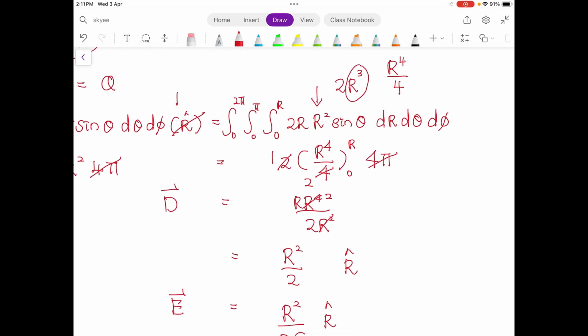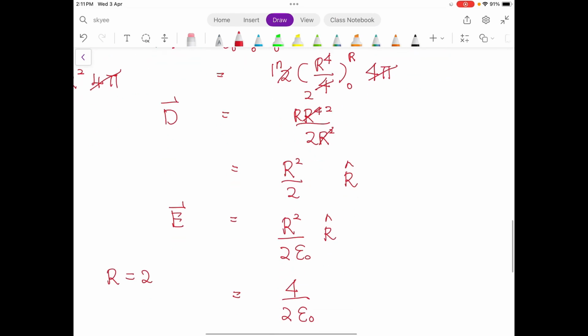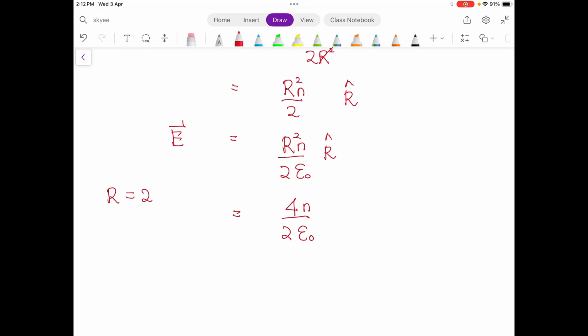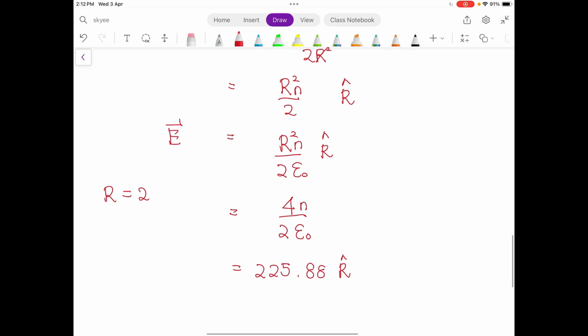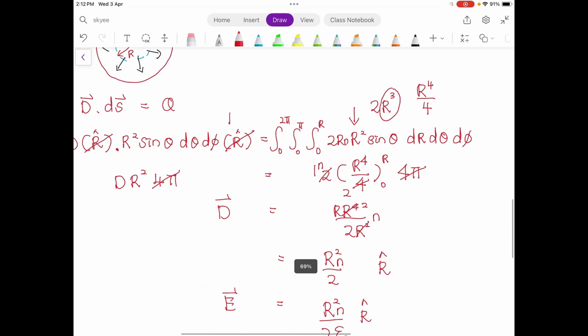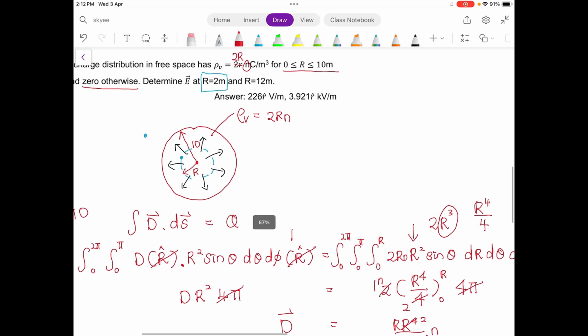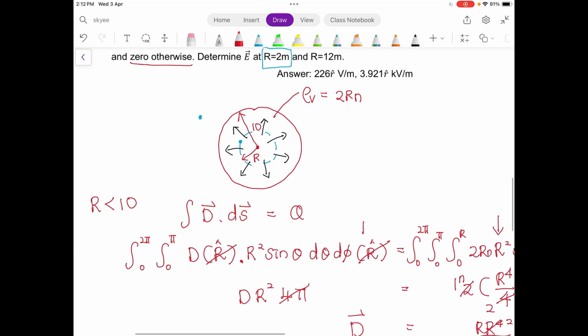So here we still have nanocoulombs, 4 nano, divided, so it is equal to 225.88 in the R direction, about 226.